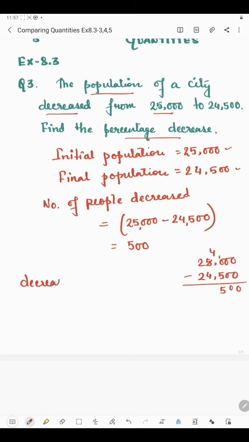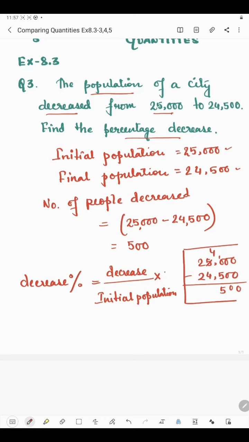Now how to find the percentage decrease? The formula for finding percentage decrease is decrease divided by initial population, multiplied by 100. As we are finding percentage, it will be multiplied by 100.